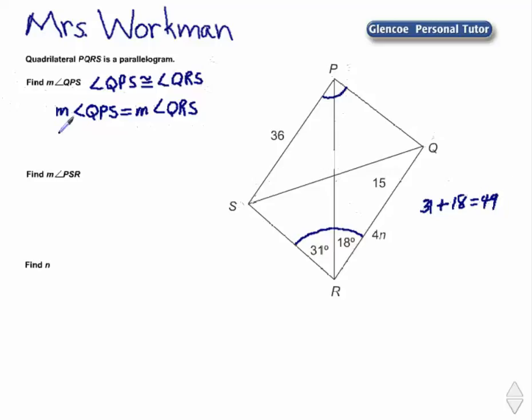So this tells me that the measure of angle QPS is equal to 49 by substitution right here. So that's the answer to the first question. The measure of angle QPS is 49. Let's move to the second one.